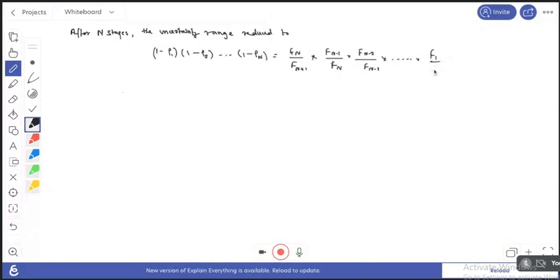Here you see that fn and fn are cancelled out. Then fn minus 1 and fn minus 1 are cancelled out. Similarly, this f of n minus 2 term is cancelled by the next one, and this term is cancelled by this term.